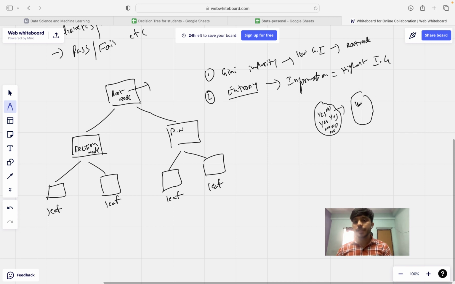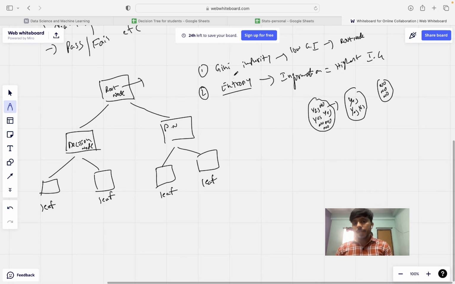But if you look at this particular node, this is a pure node, this is a pure node, right? Both are homogeneous nodes. So using entropy and Gini impurity, we try to calculate this. What is the impurity of each of the nodes? Accordingly, we'll try to divide the data further.